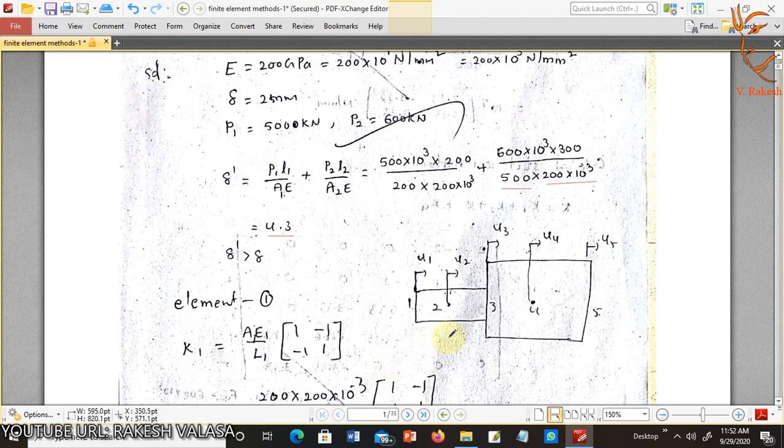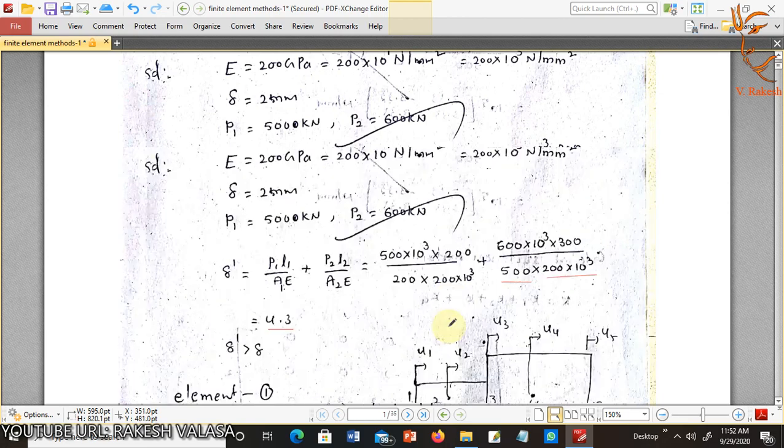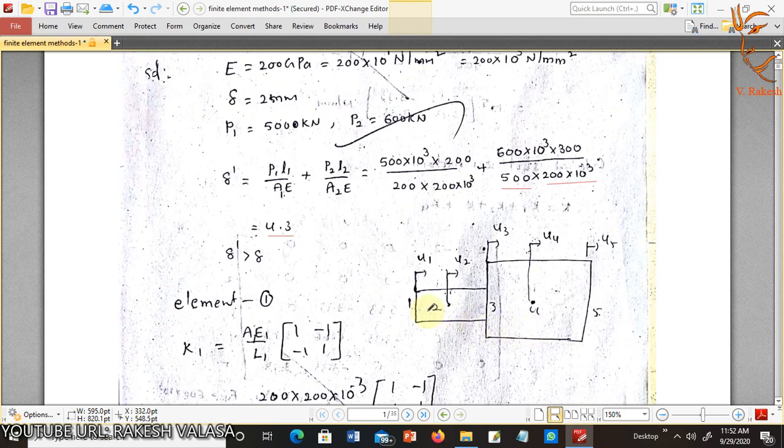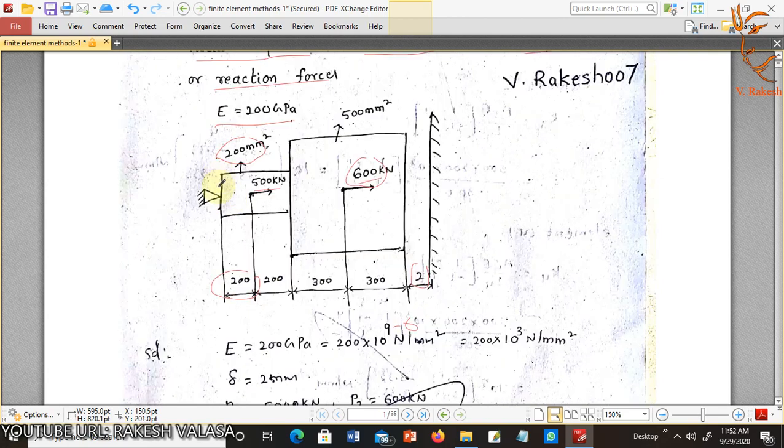Now draw the free body diagram. The given problem having four sections, four parts. That means 1, 2, 3, 4, and write the nodes. Each section having two nodes. 1, 2, 3, 4, 5. See here, in this first node is fixed point.